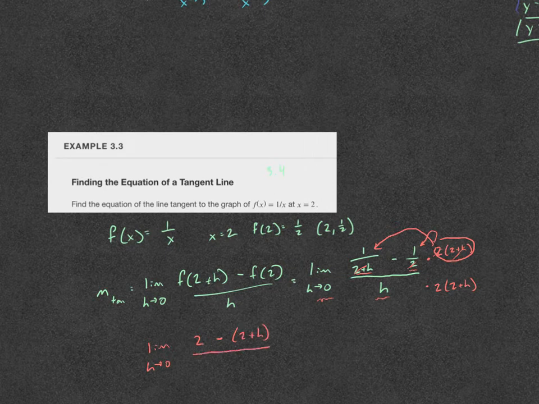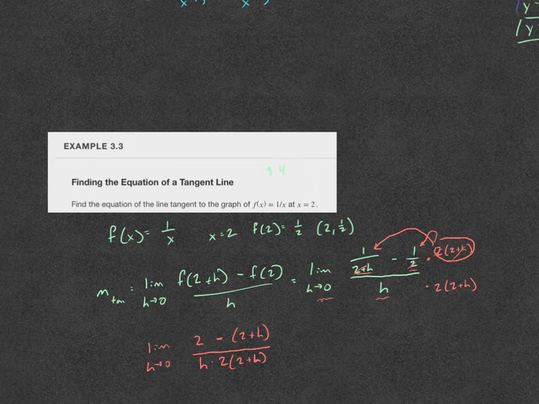Then in the denominator, I have the h, I have the 2, I could have written that as 2h, and I have the 2 plus h. It still looks messy, but there's no more complex fraction here. There's just a single numerator and denominator. So technically it got a little bit cleaner. But we can do more. We can do better.